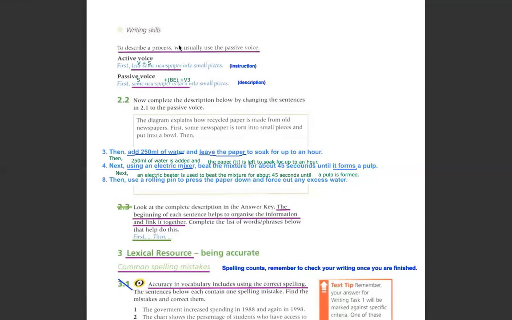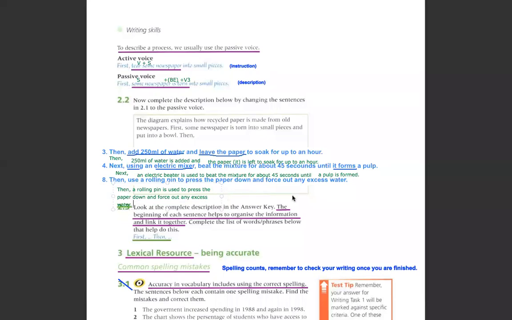Okay, good. Looks like we got a few answers. So we start with then, our subject, verb to be, verb 3. Okay, so the rest has just stayed the same.